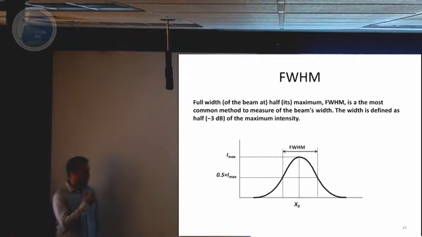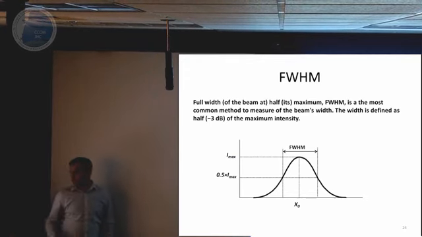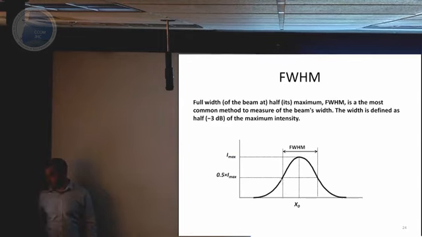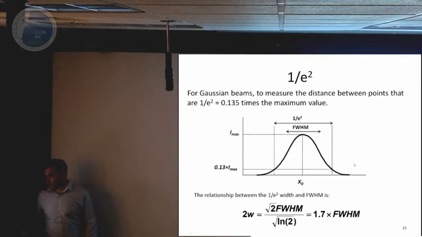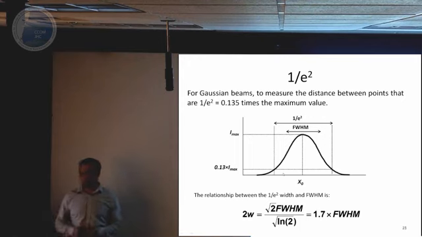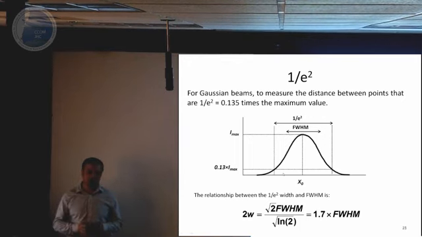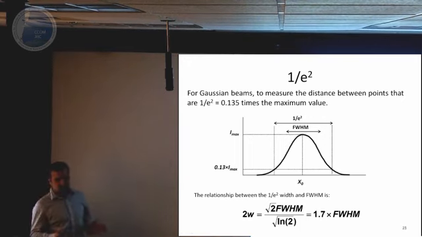So the first one is full width half-max, FWHM. Full width half-max is defined as the points where the intensity is half. So that's one threshold to set. The second one is 1 over e squared, which is basically extended more. It answers the question, what if we want more of the intensity distribution?